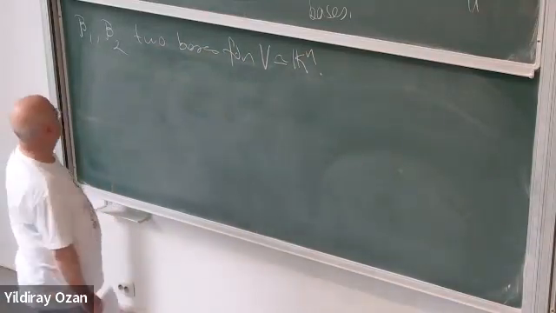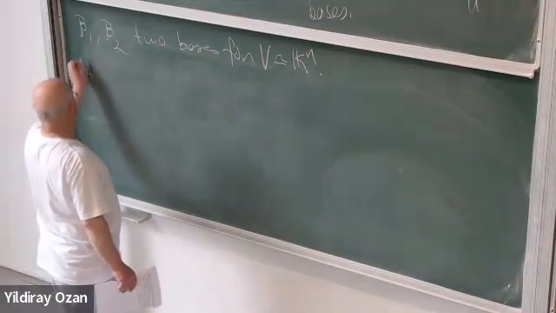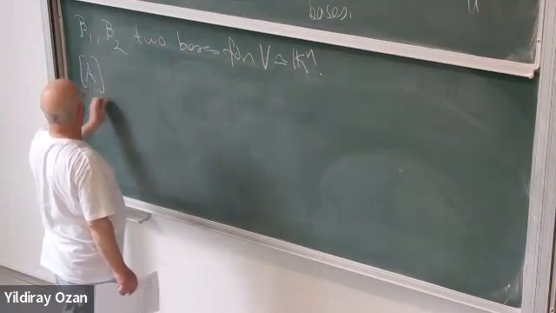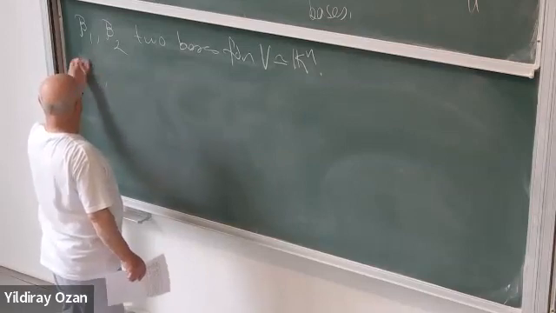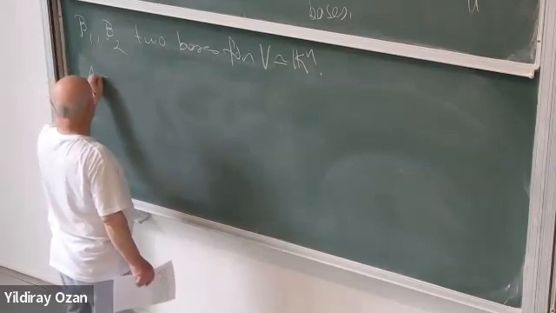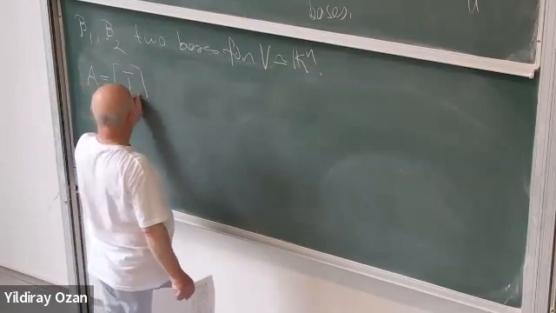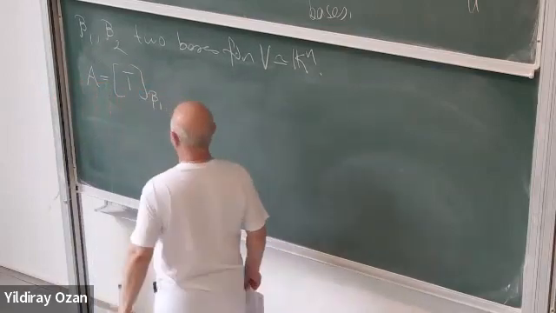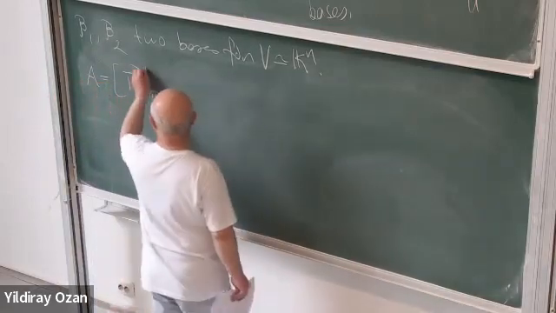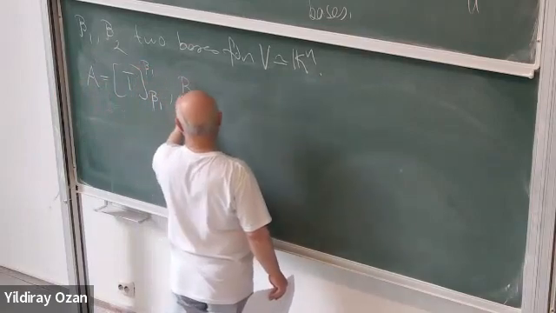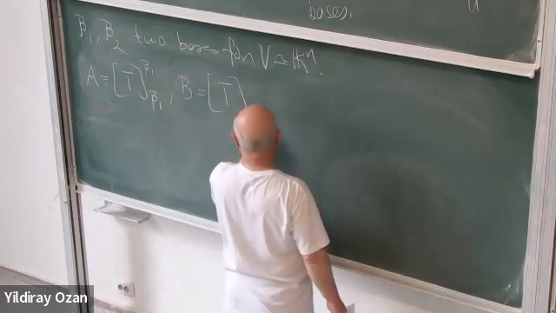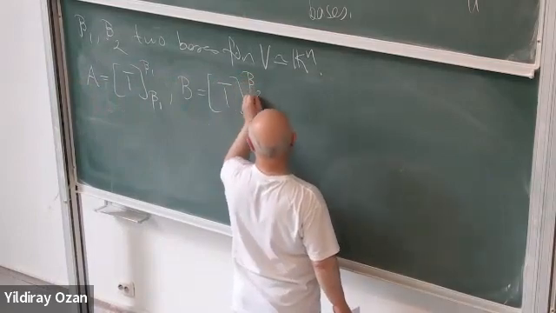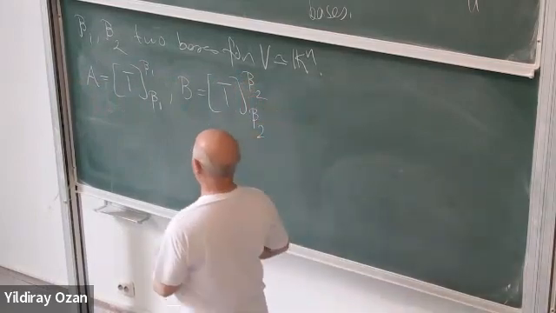And A is the matrix representation of T in the basis beta 1, let's say. And B is the matrix representation of T in the basis beta 2. And what is P then?